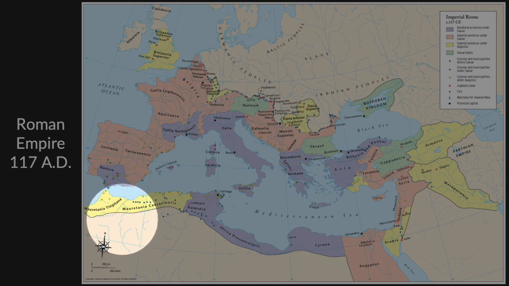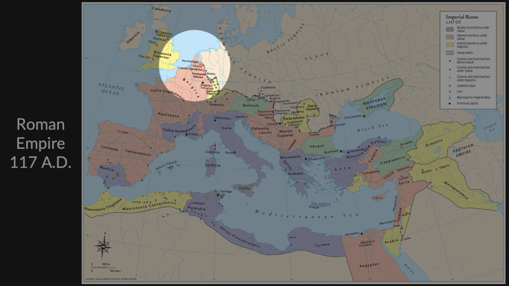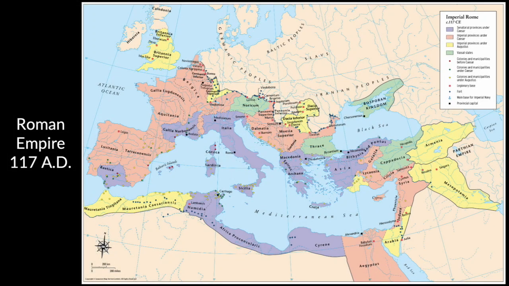The border of the empire stretches all the way north to northern England, just short of Scotland, and it stopped here by the German tribes just on the other side of the border. And so the Roman Empire has expanded considerably from 133 BC to 117 AD.